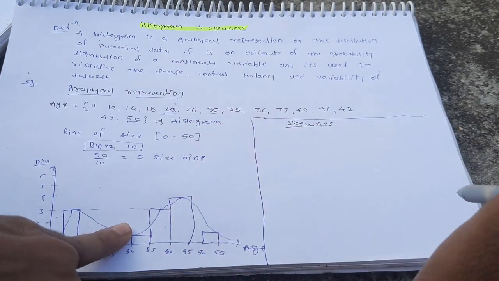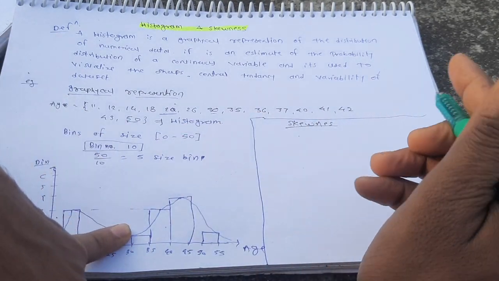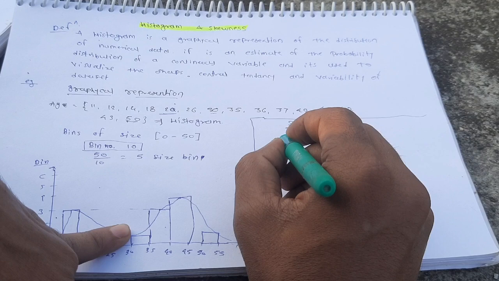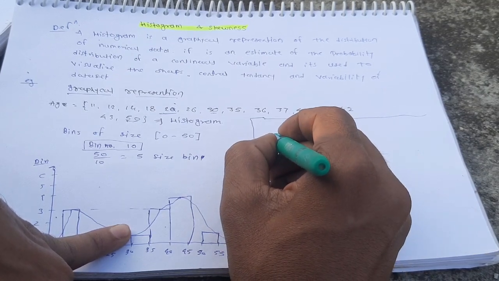This is the skewness of any histogram graph. So first we understand the symmetrical graph.